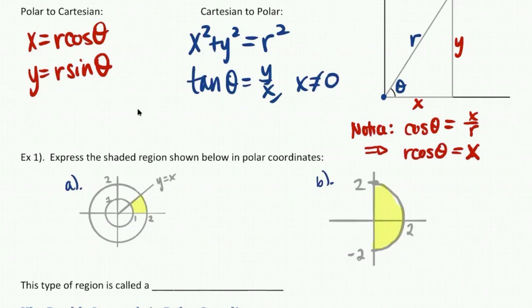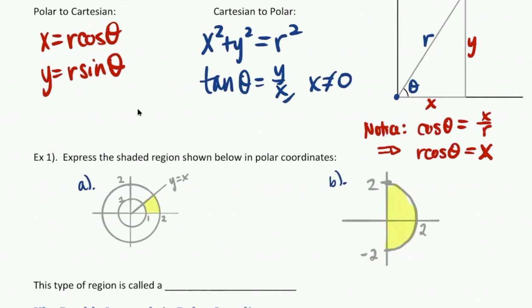Let's start with part A, and we can describe this in polar coordinates by noticing that r in this region goes just between 1 and 2. And theta in this picture starts at 0, and the biggest it can be is pi over 4.